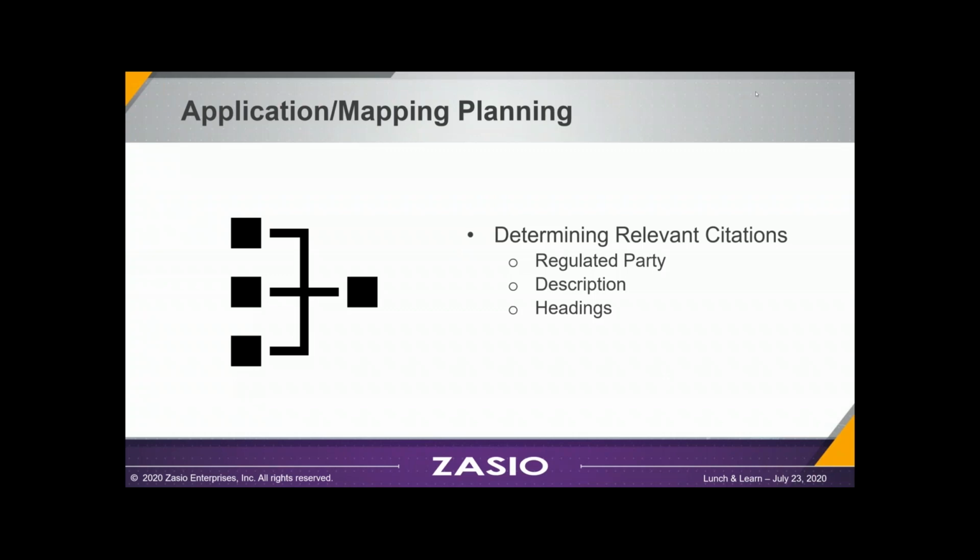So looking at it, a lot of emphasis on the regulated parties. Rick's walked you through that process for how you understand how you're regulated, making sure that you are looking at all of that relevant research. And then it's really a matter of filtering through. You might be leveraging a database for research, and in that case it's probably a little bit more inclusive as to what's in there.